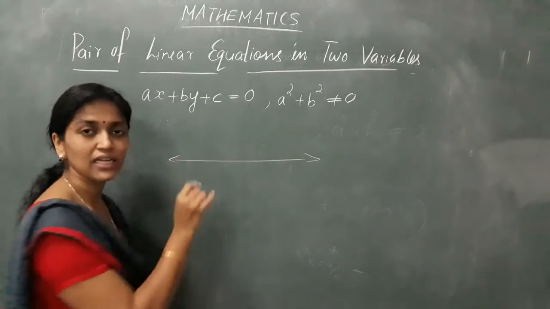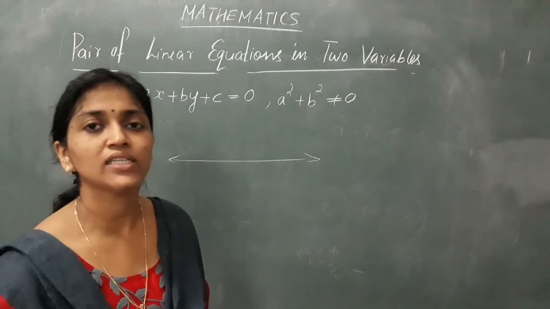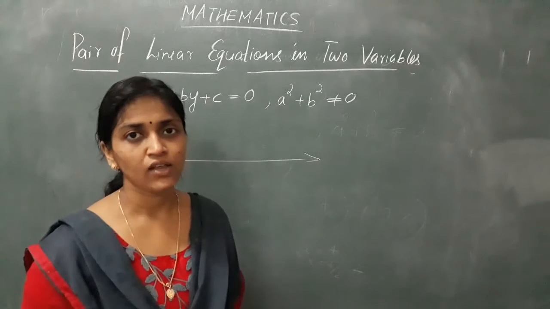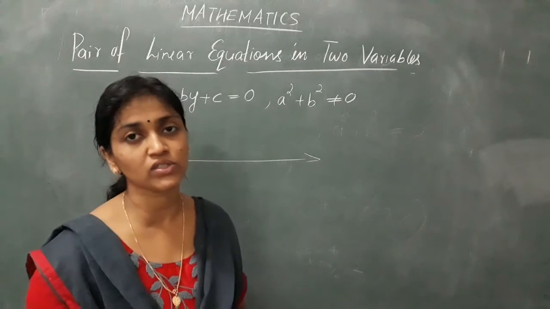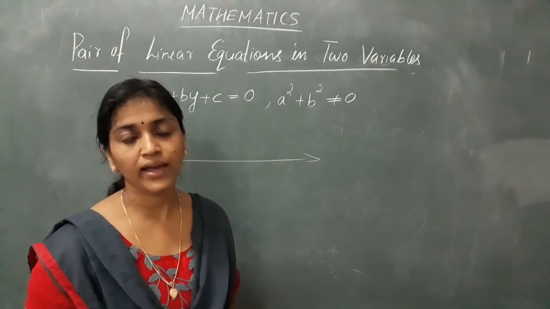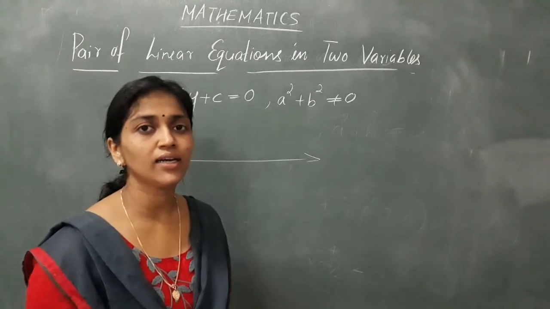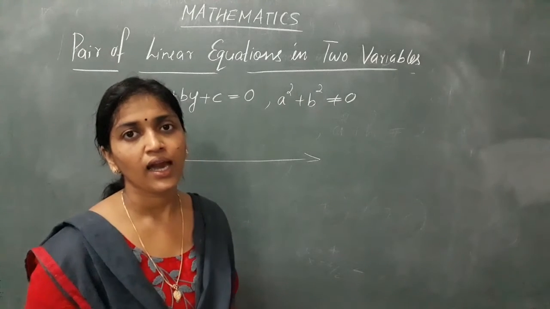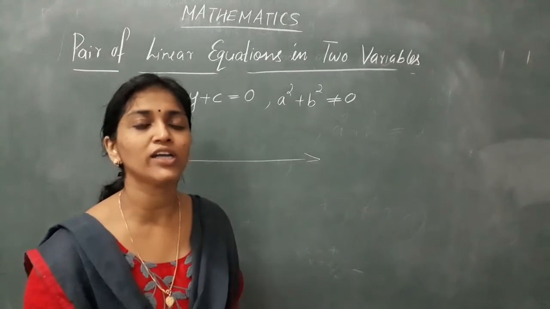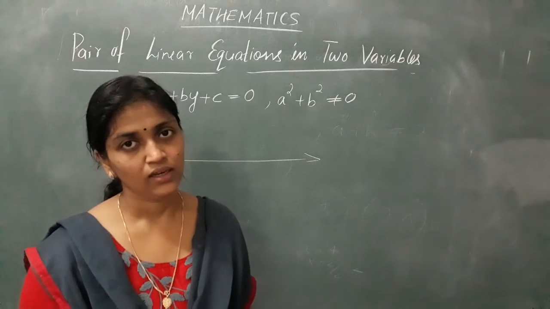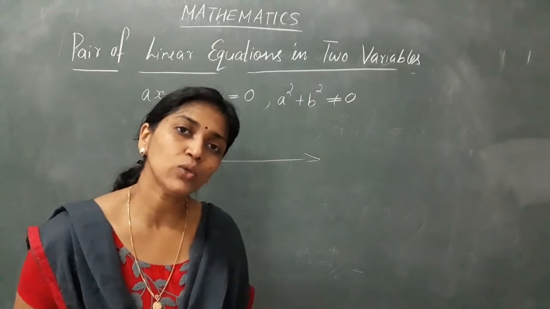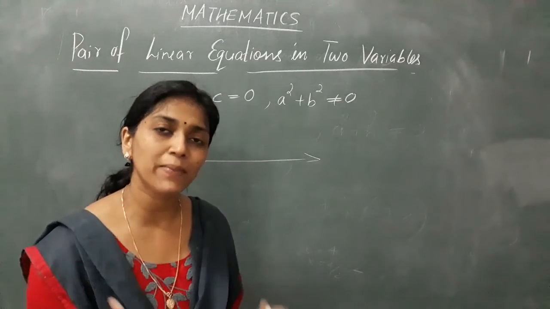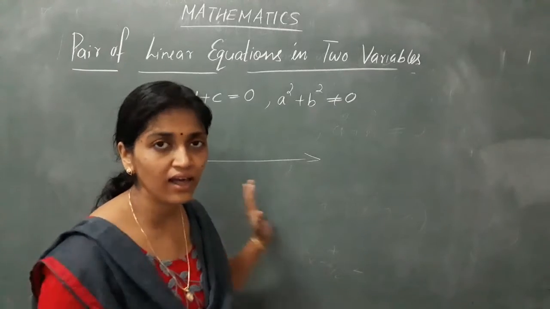Isn't it? We studied last time how we do it graphically. We find the solutions of the linear equation in 2 variables, then we plot them in the xy plane, that is on the graph paper, and join the points using a line. So the geometrical representation of a linear equation in 2 variables is a line.